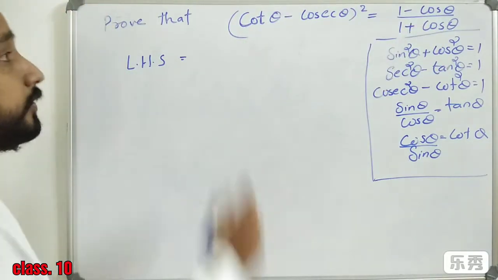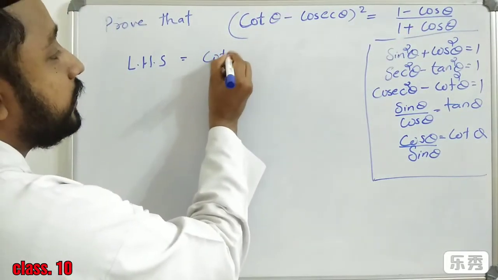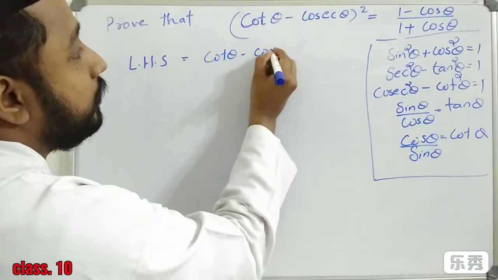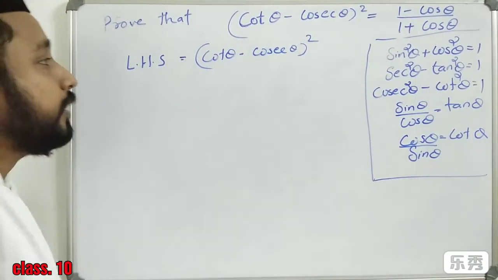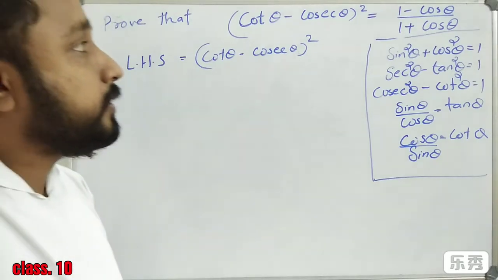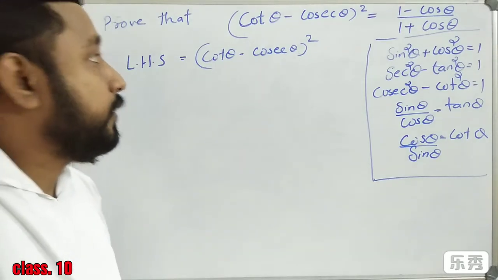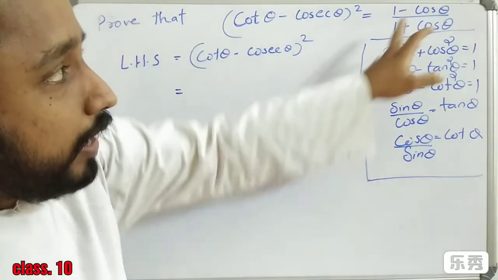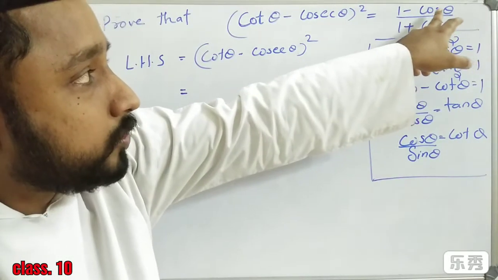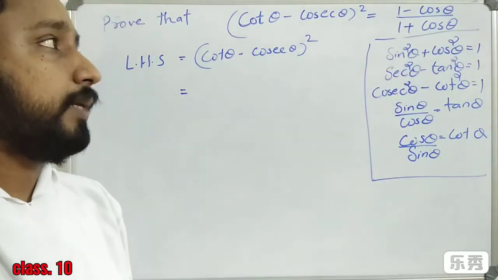So LHS is equal to (cot theta minus cosec theta) all square. I took LHS. LHS is (cot theta minus cosec theta) all square, which is equal to our RHS, (1 minus cos theta) divided by (1 plus cos theta).